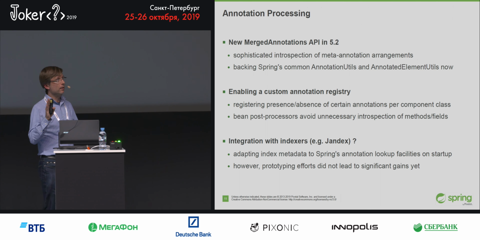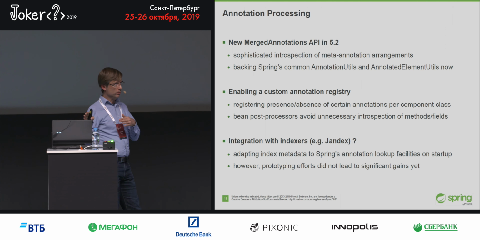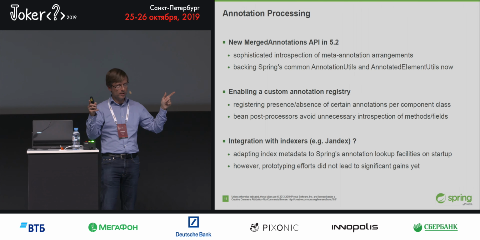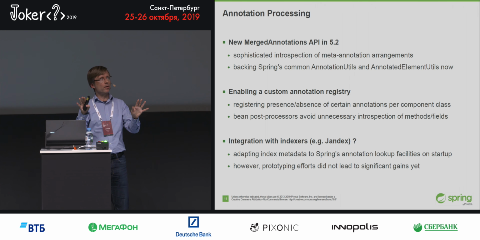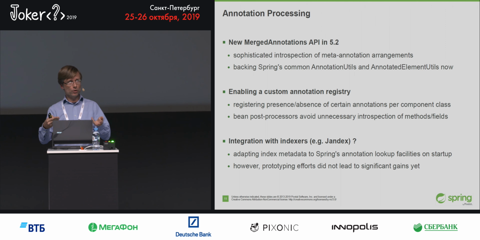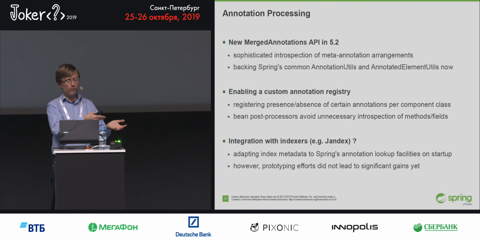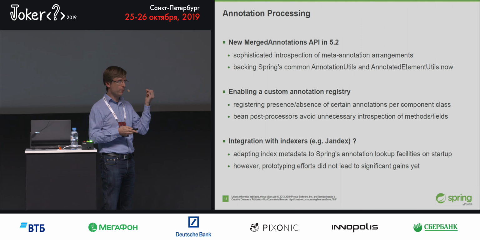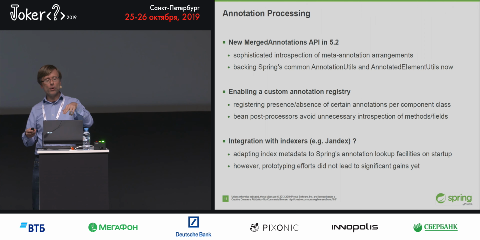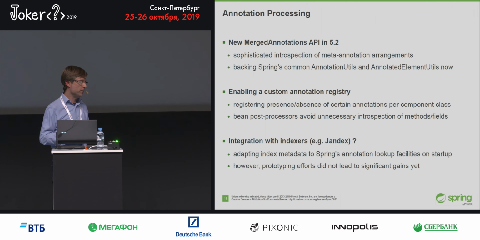Keep in mind, this is only active if you want it to. If I've been showing a generic application context example, none of this overhead appears there because we're not even going to look for annotations. Only if you activate annotation config, through the choice of an annotation config application context or through an annotation config element within that context definition, then and only then do we go into the annotation retrieval phase.